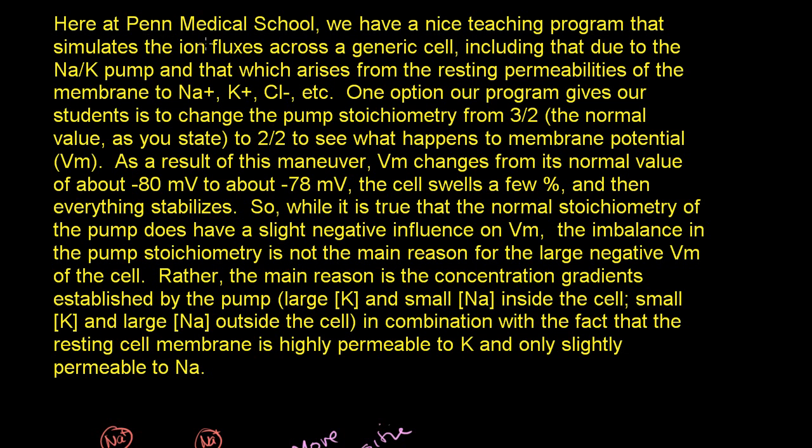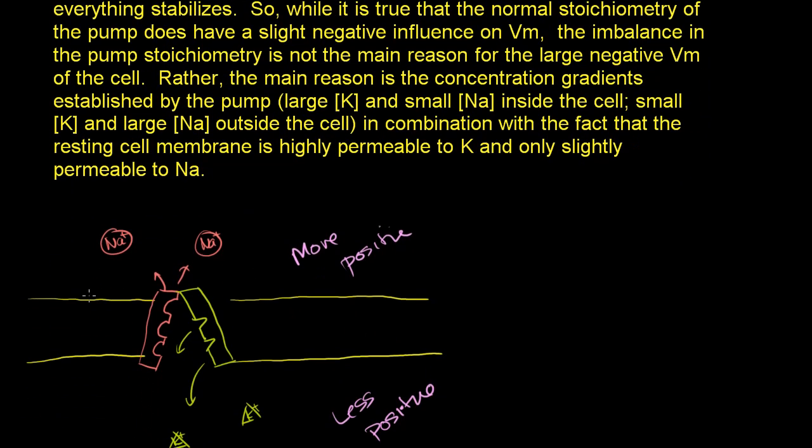He says, here at Penn Medical School, we have a nice teaching program that simulates the ion fluxes across a generic cell. So the ion flux is just the movement of the ions across the membrane, including that due to the sodium potassium pump, and that which arises from the resting permeabilities of the membrane. So the resting permeability is how easy it is for these ions to go through the membrane.